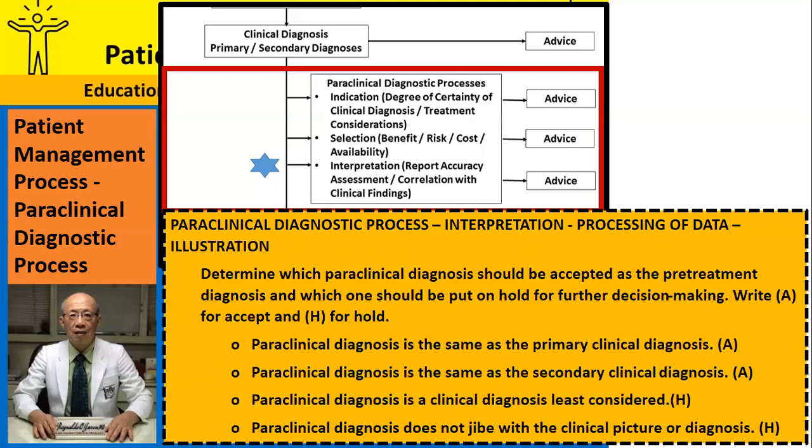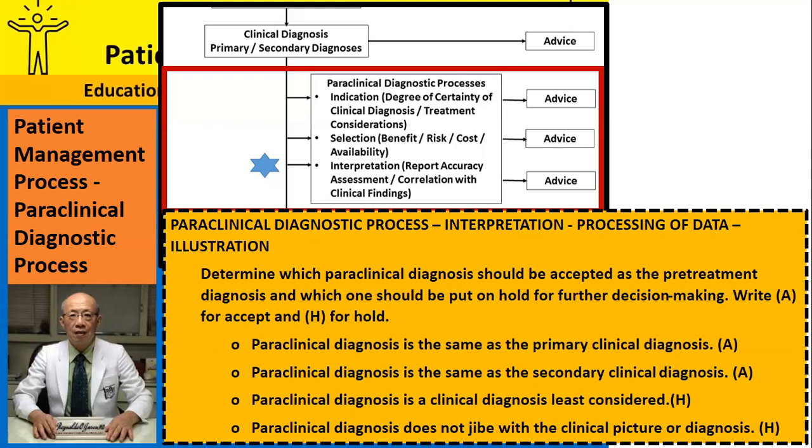Another tickler for the interpretation of the paraclinical diagnostic process to come out with a diagnosis: determine which paraclinical diagnosis should be accepted as a pre-treatment diagnosis and which one should be put on hold for further decision making. A for accept, H for hold. Paraclinical diagnosis is the same as the primary clinical diagnosis, accept.